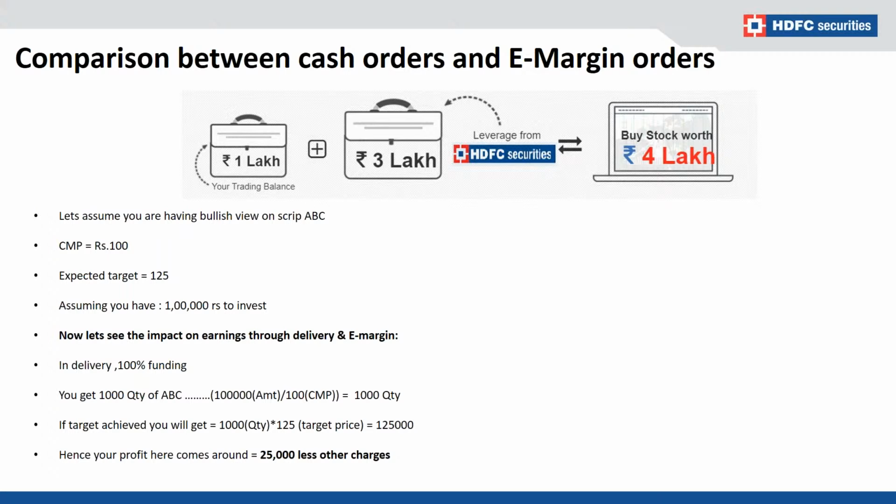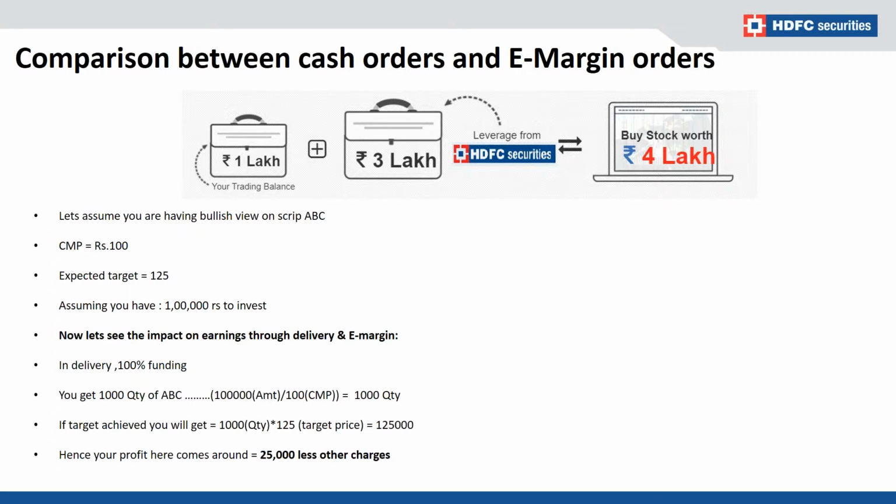For example, a stock called ABC has a bullish view. Current market price is 100 rupees. Expected market price is 125. Assuming a customer would be interested in investing 1 lakh rupees, he would be investing 1 lakh divided by 100, that is 1000 shares.